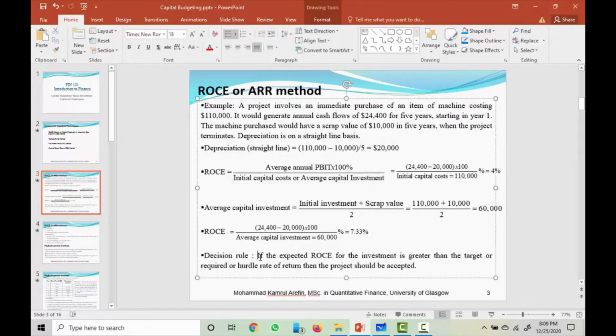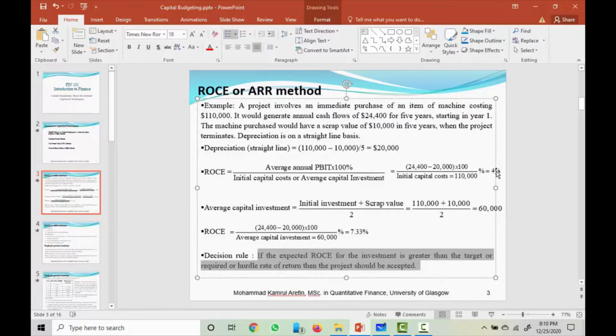So the decision rule: if the expected return on capital employed for the investment is greater than the target or required or hurdle rate of return, then the project should be accepted. For example, if your required return is 2% and the return on capital employed is 4%, that means if you get a higher ROCE than the required return, hurdle rate or target return, in that case we should accept the project.